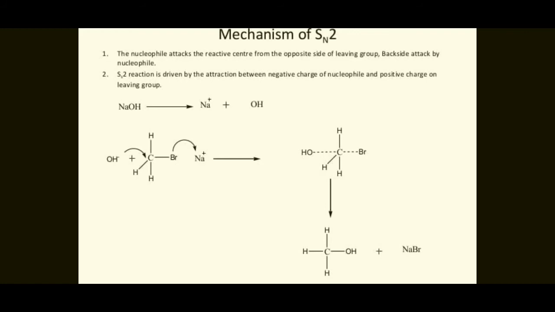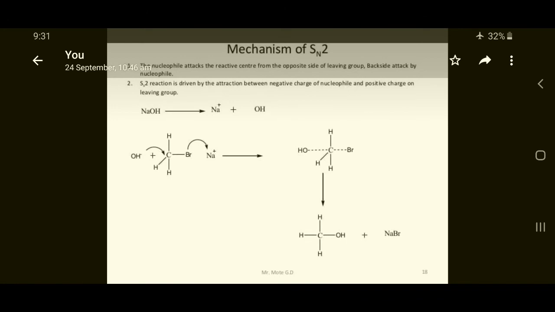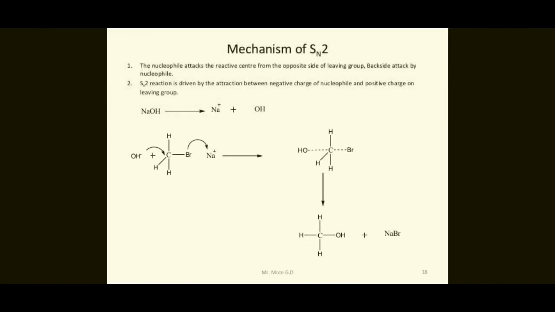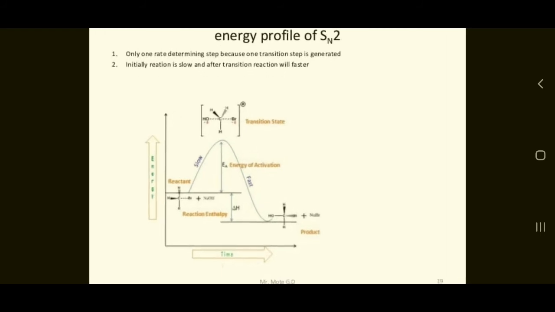With backside attack and removal of the leaving group, NaBr is removed, a transition state forms and converts to the products. This mechanism is given below in the slides.